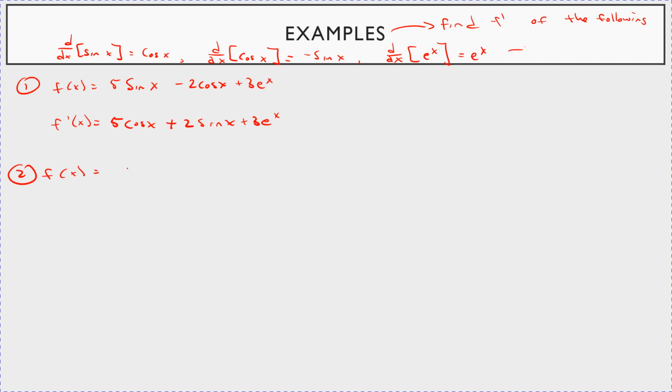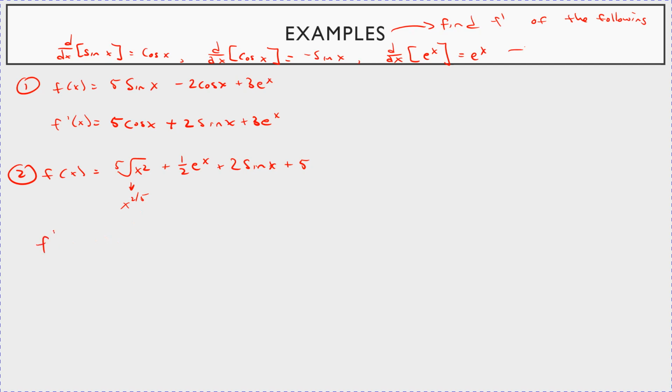f of x is equal to the 5th root of x squared plus 1/2 e to the x plus 2 sine of x plus 5. Well, look, this you're just going to write as x to the 2/5.